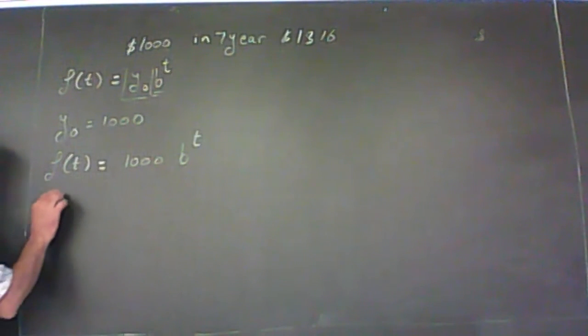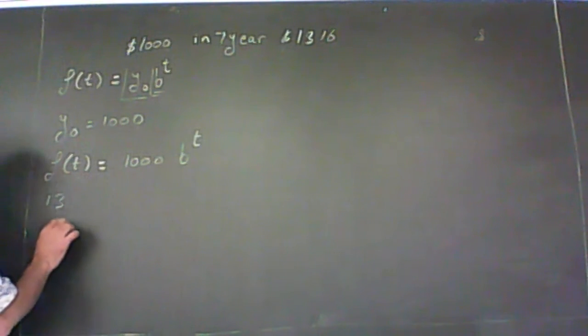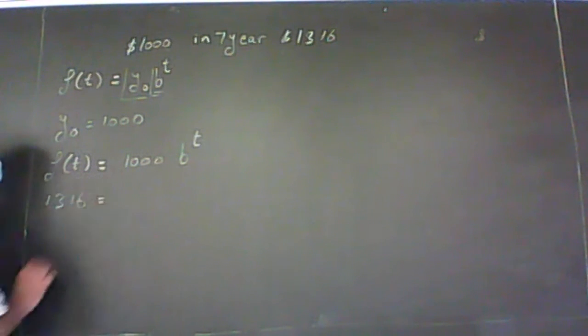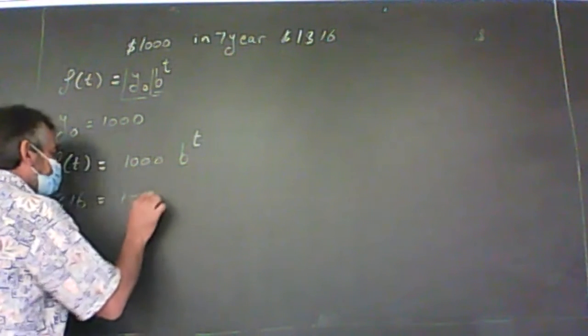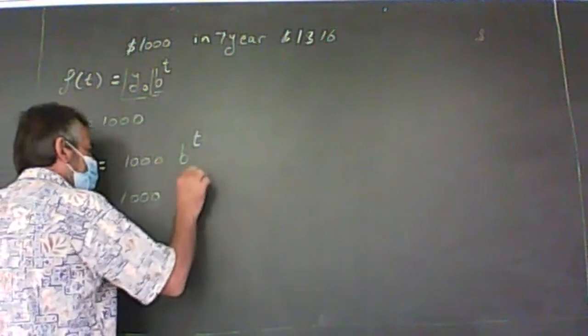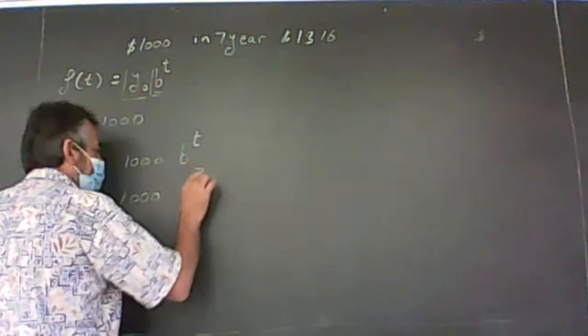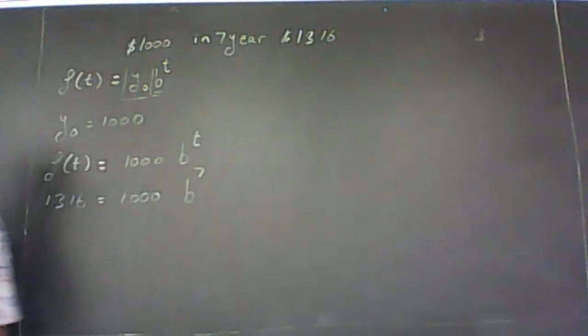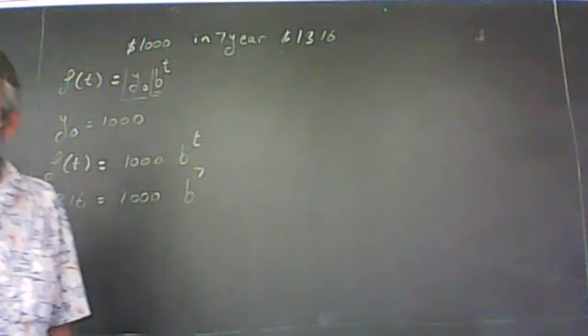So let's do that. 1,316 equals 1,000 times b to the power 7. To solve the equation, we need to isolate b.